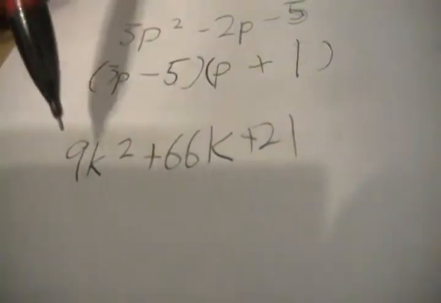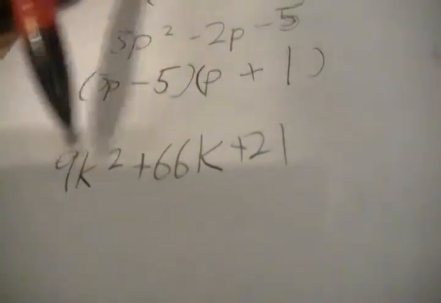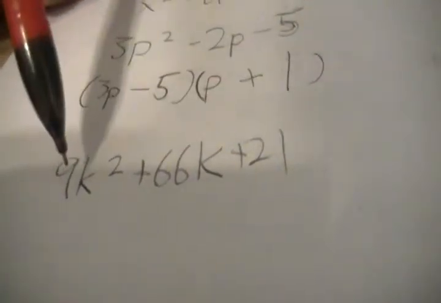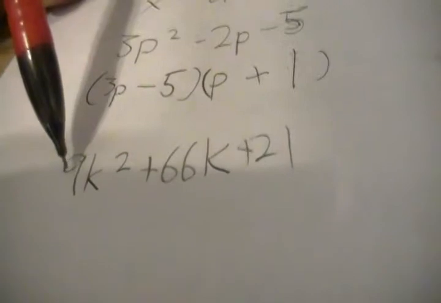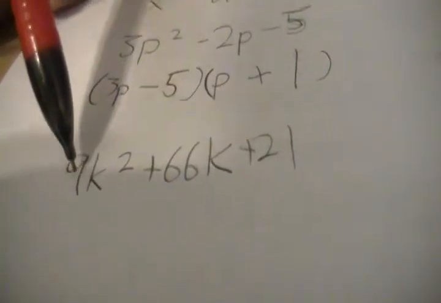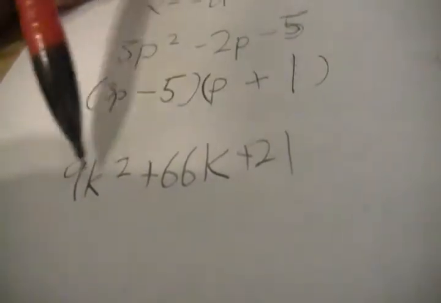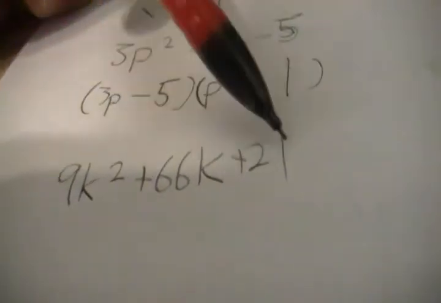Now when you take this problem, what you want to do is, if we have a coefficient that's bigger than 1, we want to see if we can factor out anything from these three coefficients. So the factors of 9 can be 9 or 1, or 3 times 3. Now you ask yourself, do all of these three numbers have a factor of 9? No, they don't.